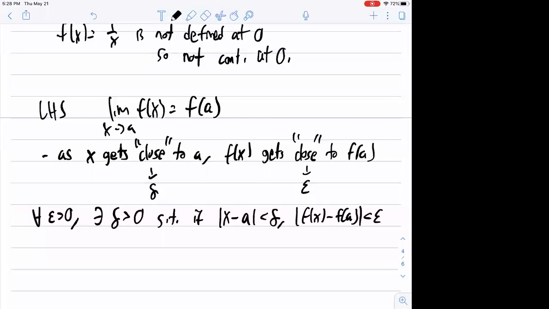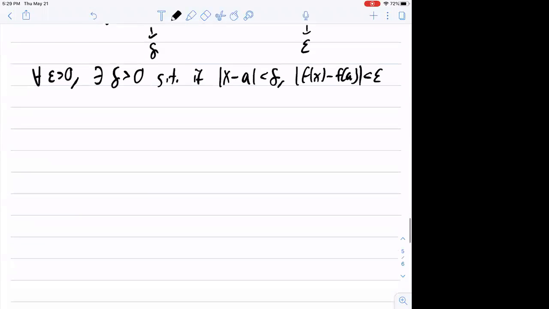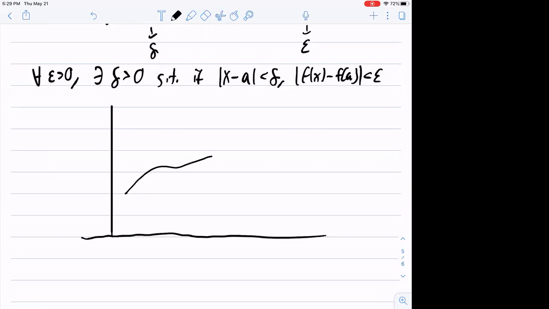So let me just draw the picture to sort of show you what we mean. How am I gonna do this? Let me think. Let's say f looks like this.